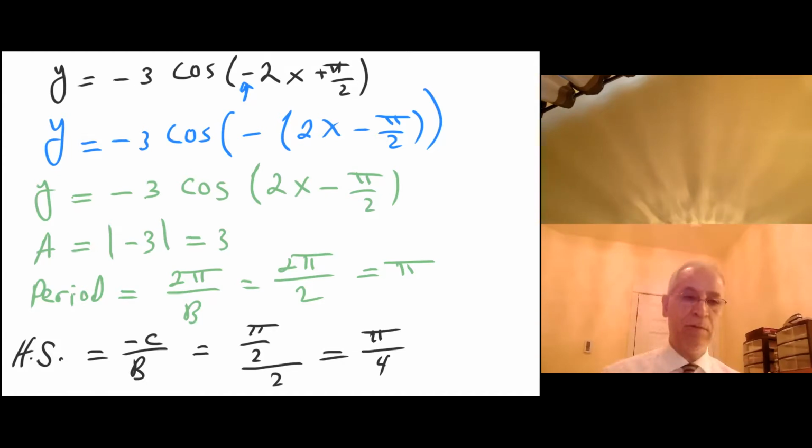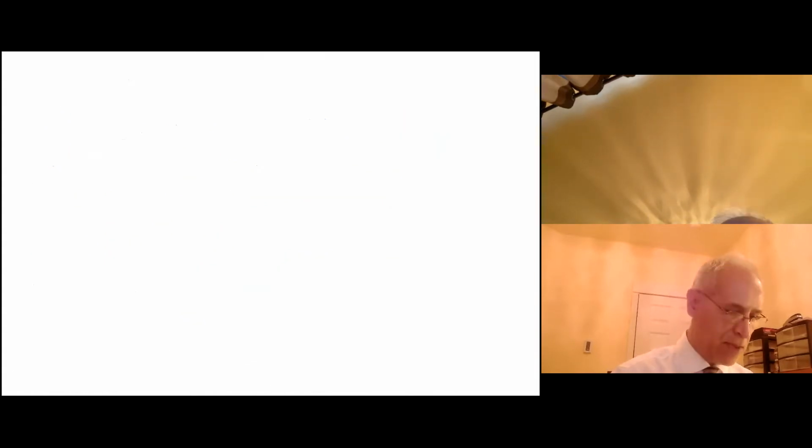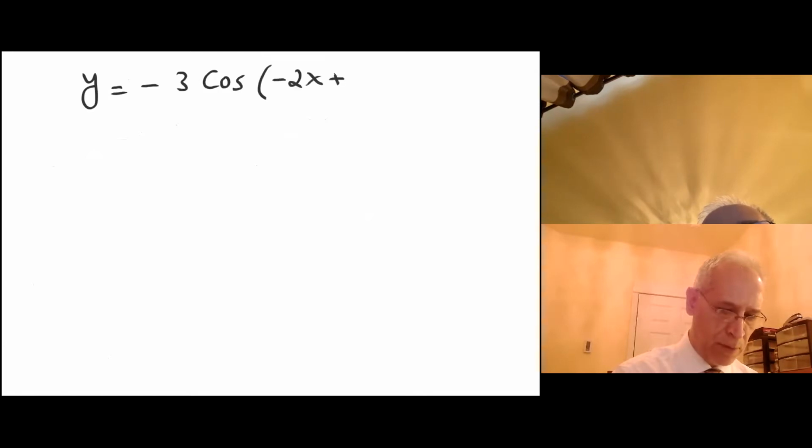Now let me do it the other way by factoring out the coefficient of x. Suppose I start with y equals minus 3 cosine of minus 2x plus pi over 2.